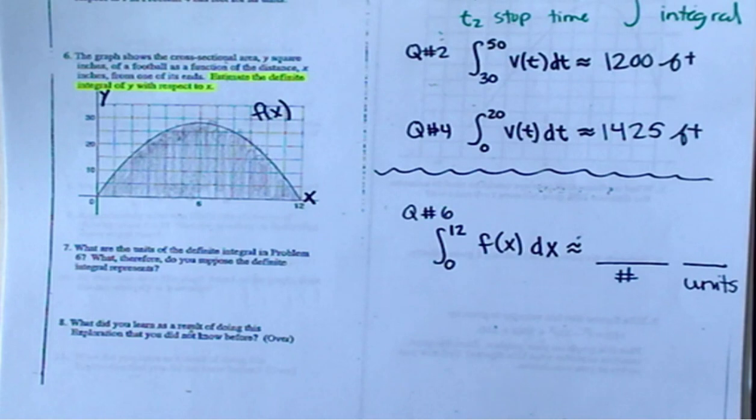You estimate how you want. I would probably section off all the whole squares and then count up the partial squares. It's pretty symmetric, so use that to your advantage.